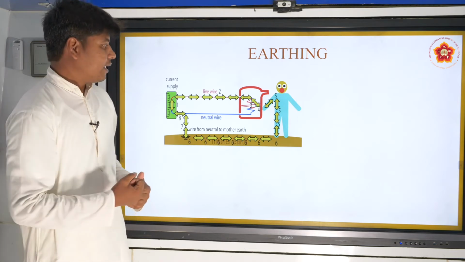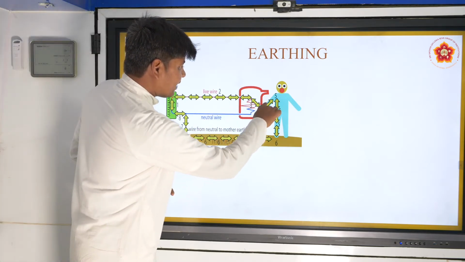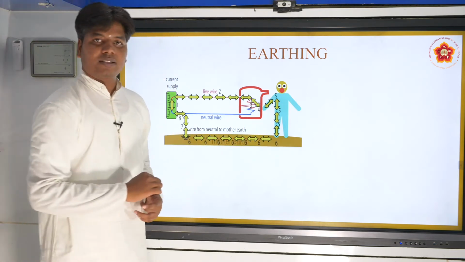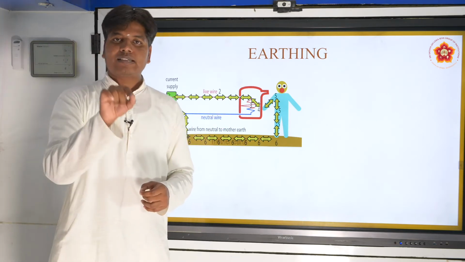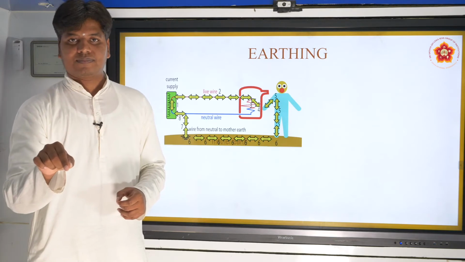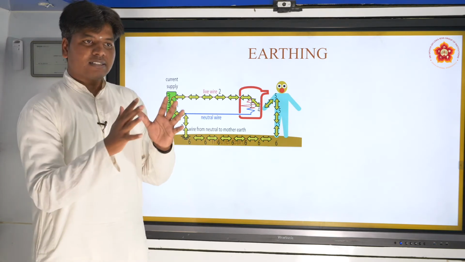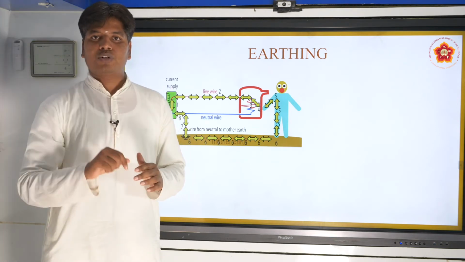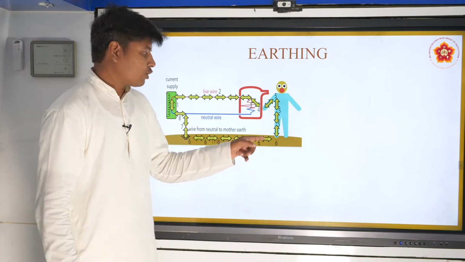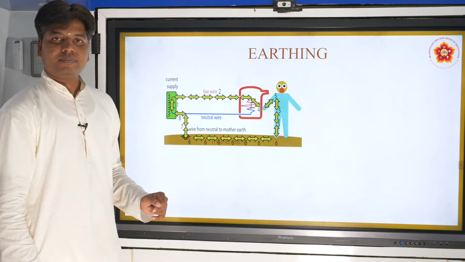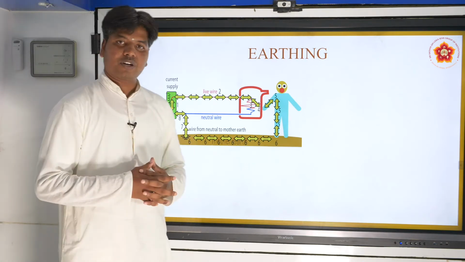So you are providing a conducting path through you towards the earth. Why is it not going to the neutral wire? Because current always takes the low resistance path. Where the resistance is low, there the current wants to travel. So you provide the current a low resistance path towards the earth. Thus you'll get a shock.